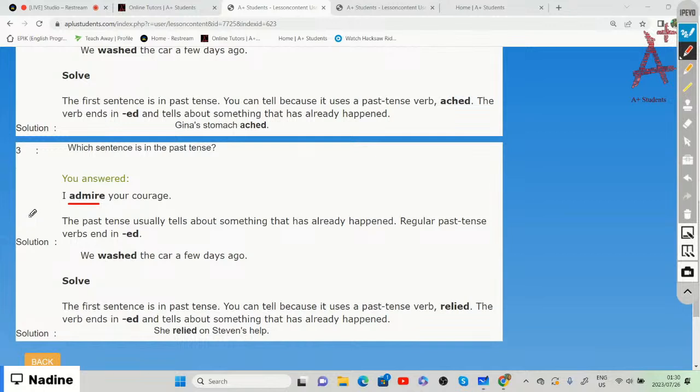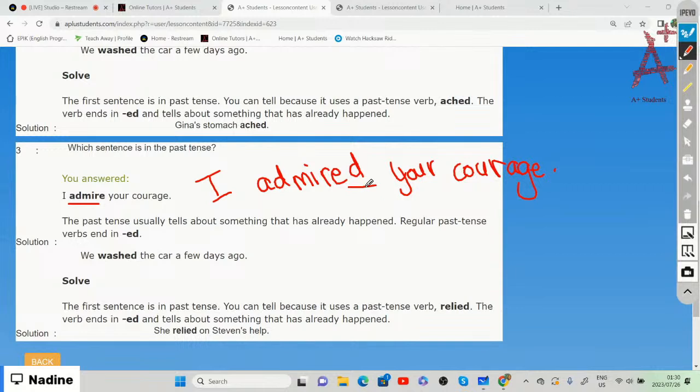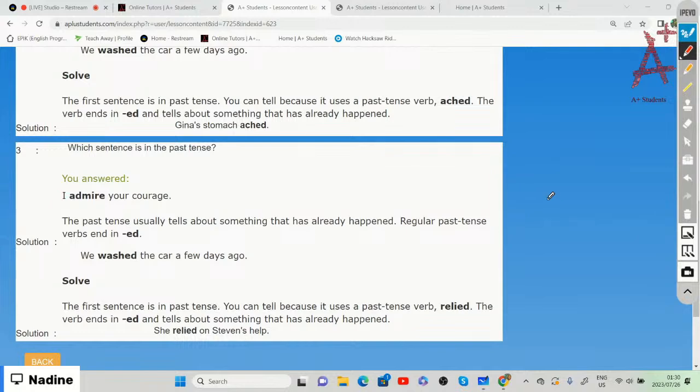And remember, we need to write it within the past tense. So we can say, I admired your courage, right? I admired shows the past tense. Once again, the verb ends with an E, so if the verb ends with an E, then we just add a D in order to show the regular past tense verb. So admired your courage.